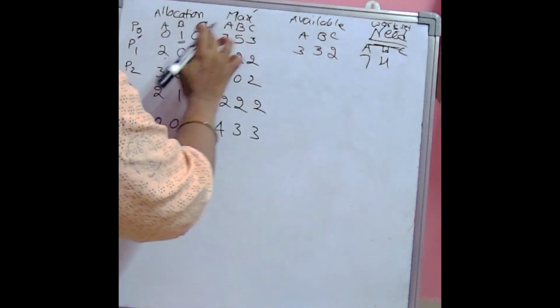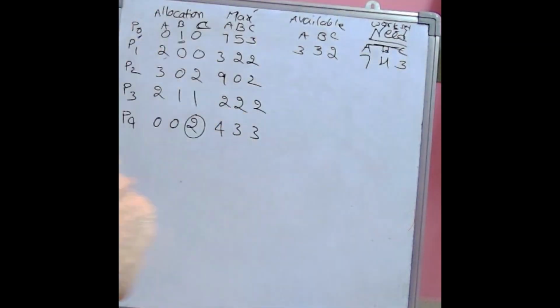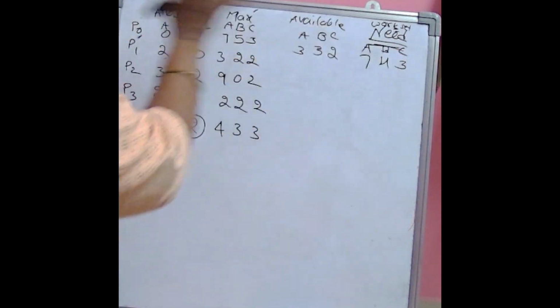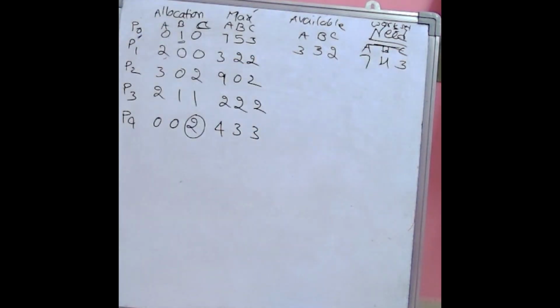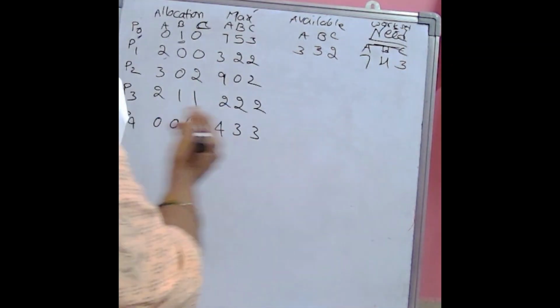And how many C type resources does it require? 3 minus 0, it requires 3. Like that, we need to calculate for every process how many more resources are required. If any process's need is satisfied by the available resources, the operating system will allocate those resources to that process. That's why we first calculate need. Till this point we get the marks.